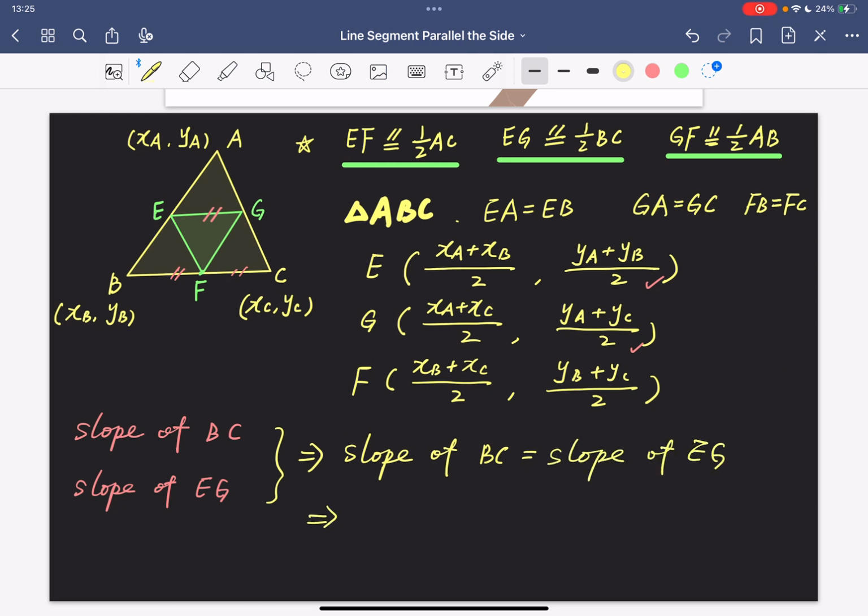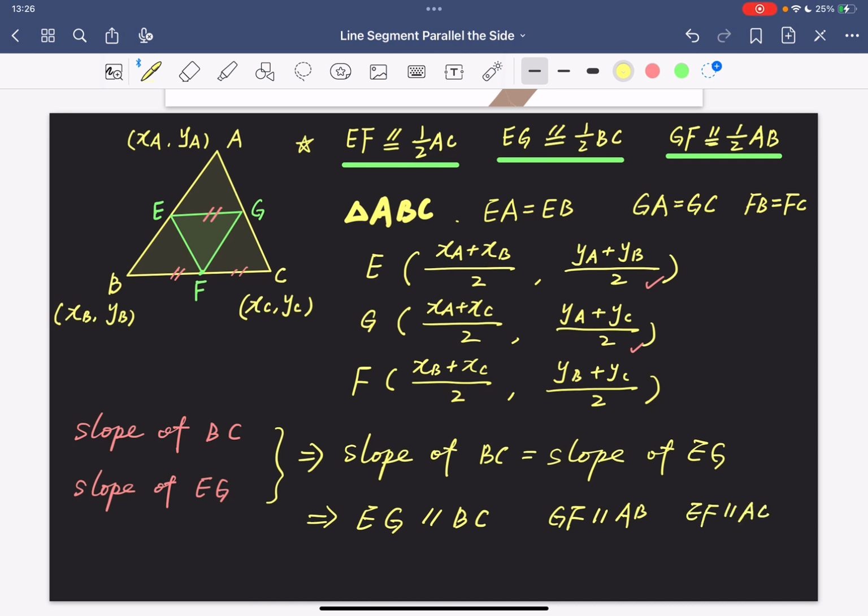We can conclude that EG is parallel with BC. Similarly, you can prove GF is parallel to AB, and EF is parallel to AC.